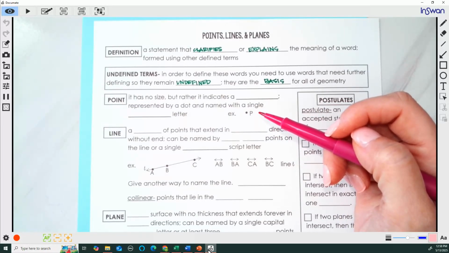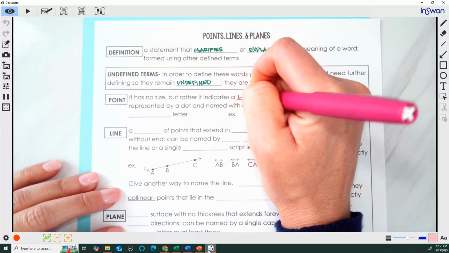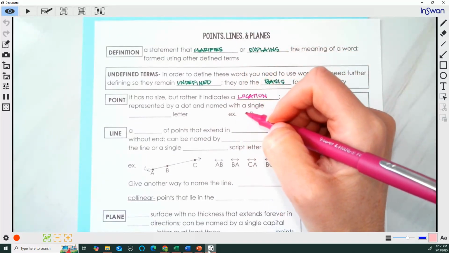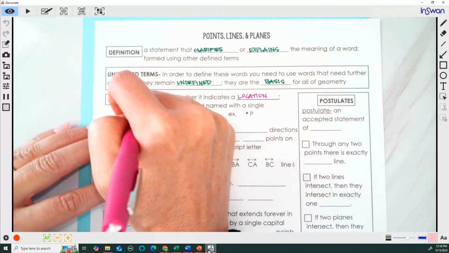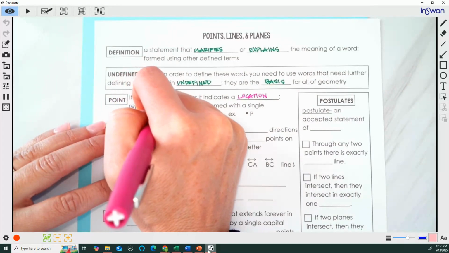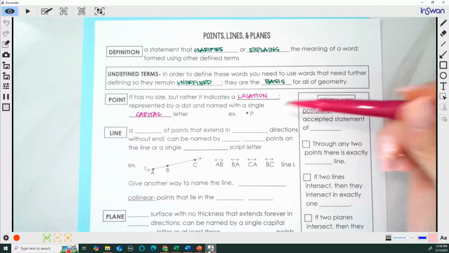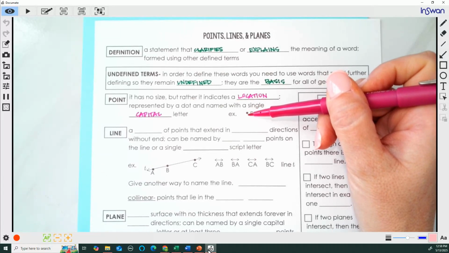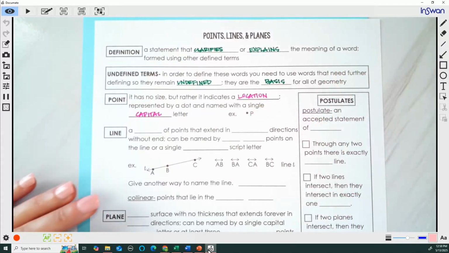It is rather the indication of a location, and we represent it with a dot and a single capital letter, but it's not really the size of this dot. It is more abstract than that. This is just our representation of a location.